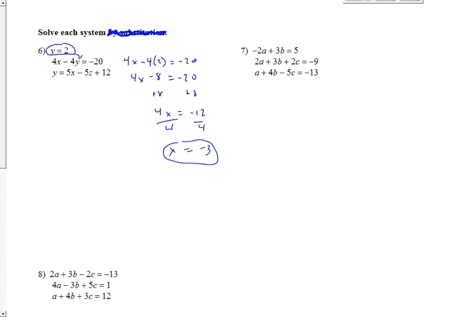Okay, so that's x. We already have y. Now we can go to the third equation, plug in the values for x and y. So we're going to have 2 equals 5 times negative 3 minus 5z equals 12. So this gives us 2 equals negative 15 minus 5z, plus 12. Let me fix this. That should be plus 12 here.